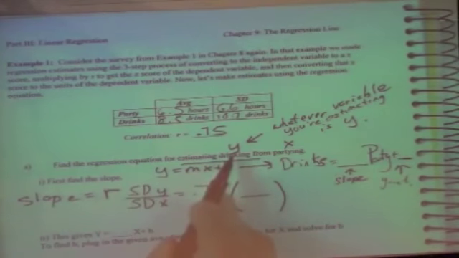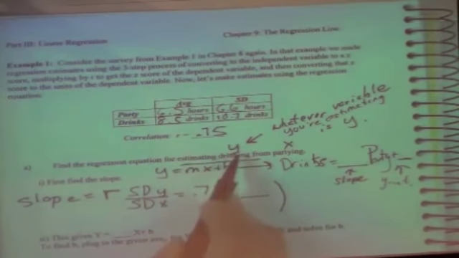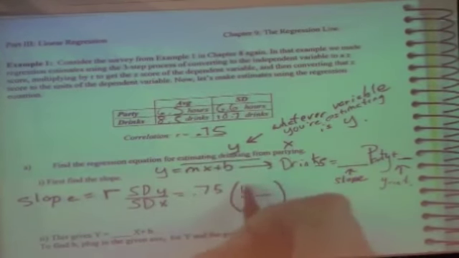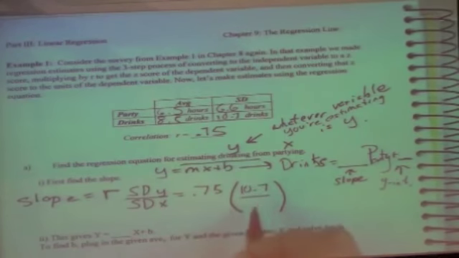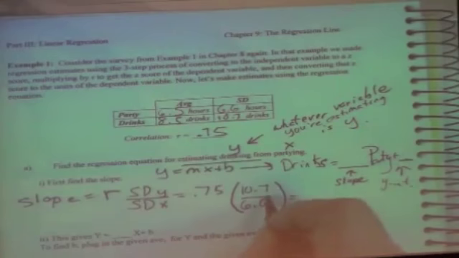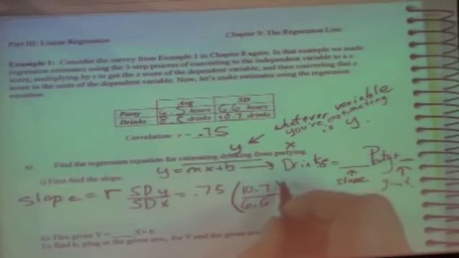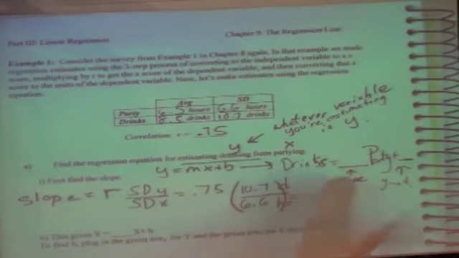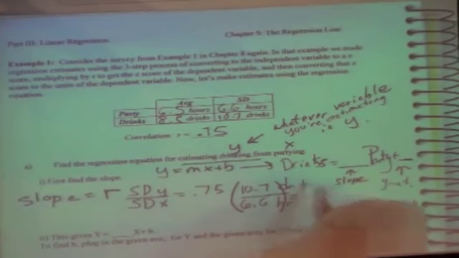Drinks is y, so put 10.7 on top, and then 6.6. That's all you need to do. It really helps to put the labels in, because it's drinks per hour. It's going to tell you how many drinks per hour.